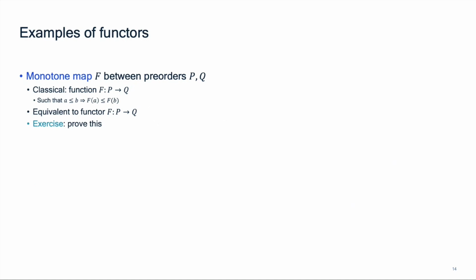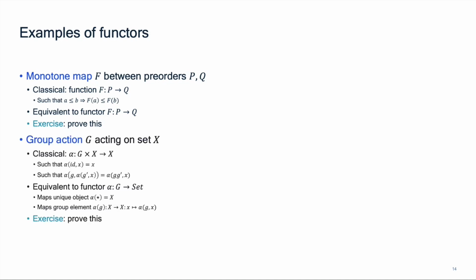Examples of functors are if we have two preorders, we can define a monotone map, meaning something that preserves the order. This is equivalent to a functor between the two objects interpreted as categories. We can interpret the group action, which has already been defined, as a functor from the group category to set, mapping the unique object to the set itself and mapping every morphism corresponding to a group element to a map from the set to itself.